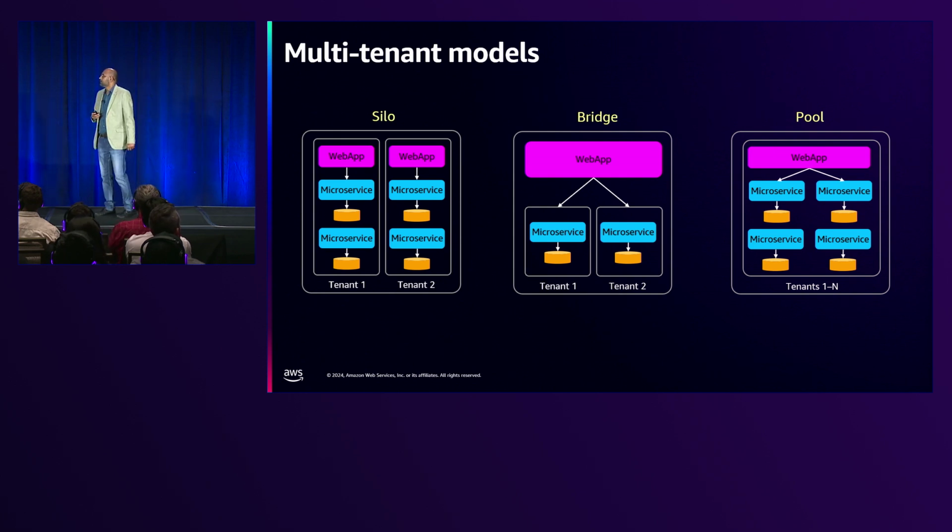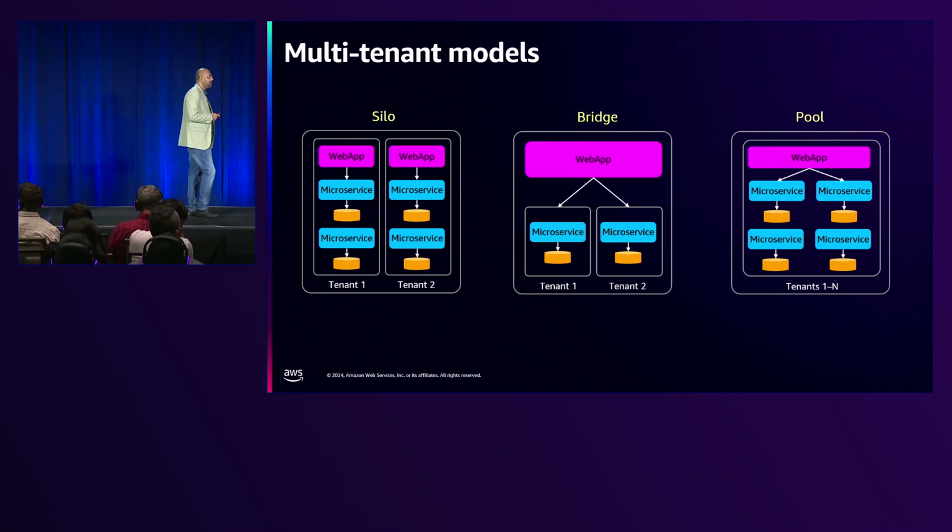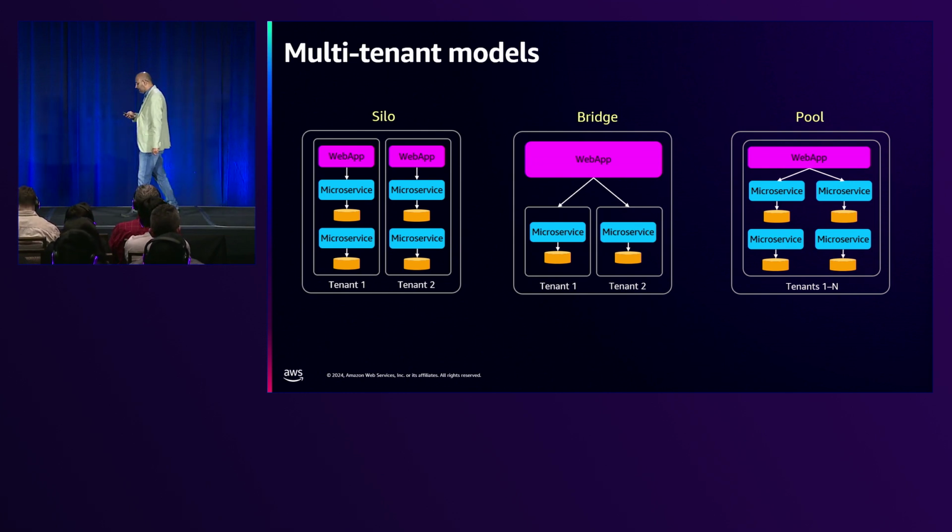For the rest of the session, we are going to focus on the pool model, because that is the model which takes us to better cost efficiency and operational efficiency. And wherever we refer to silo or bridge, we will explicitly highlight that.